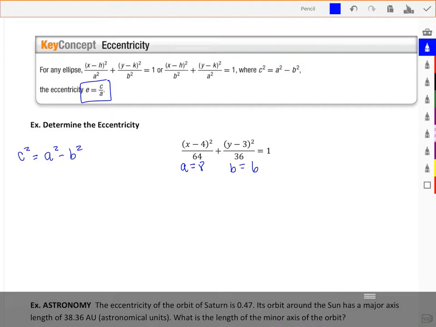That's from the front of the packet. So c squared is equal to 8 squared minus 6 squared. So 64 minus 36, which is 28. So c is equal to the square root of 28.